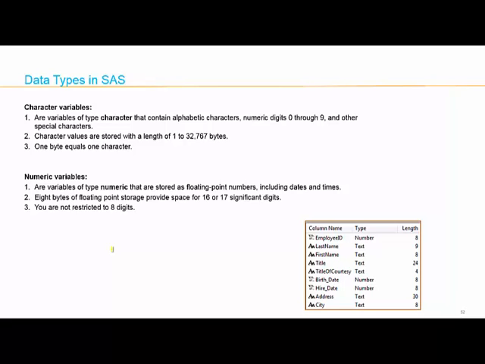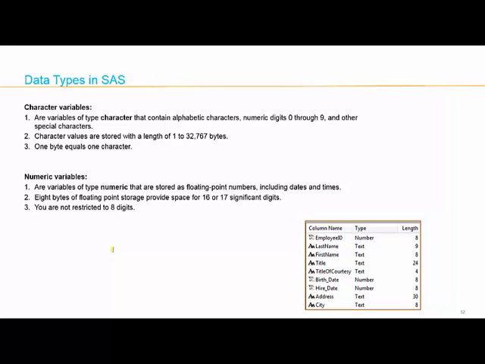You just have to understand how and when to utilize these variables. So here we're going to study the maximum length, the minimum length, the default length of a character variable, and how many bytes it occupies. Similarly for a numeric variable, and what kind of values are stored in it.